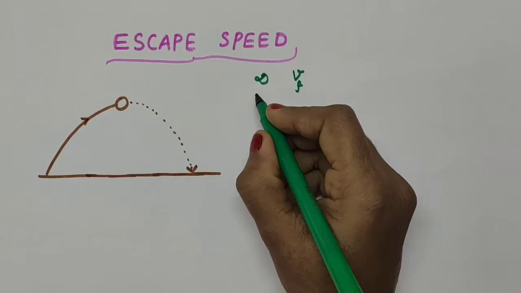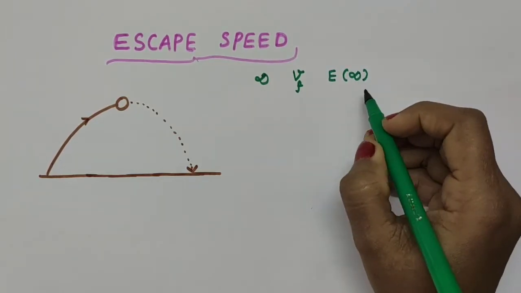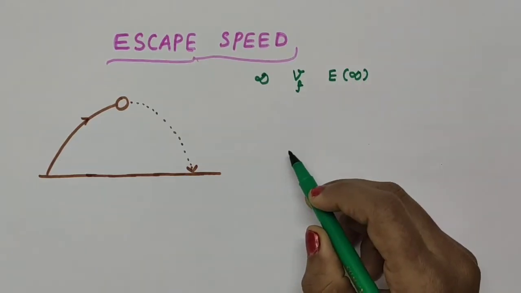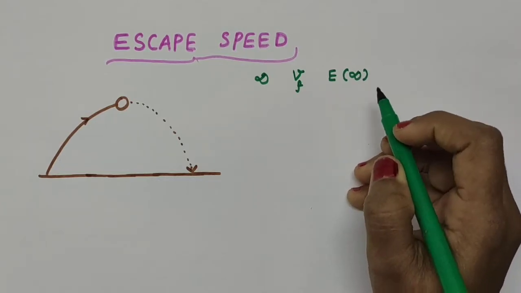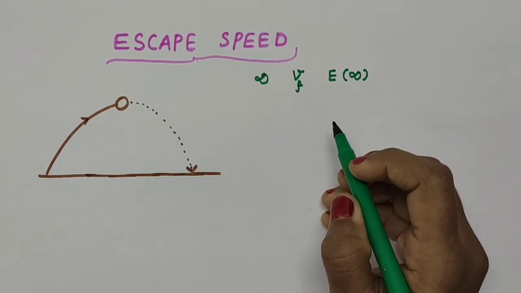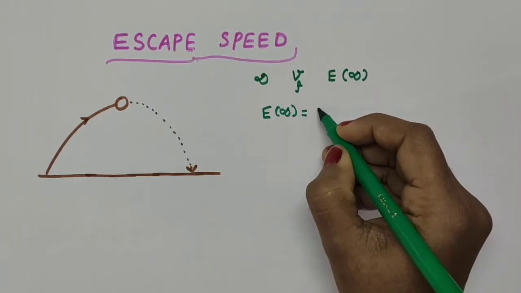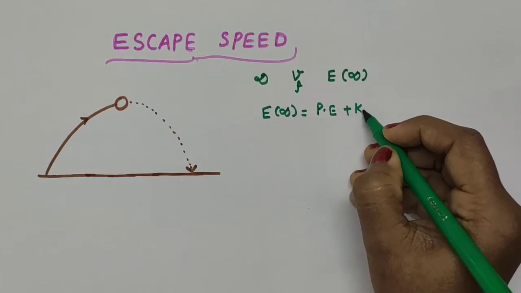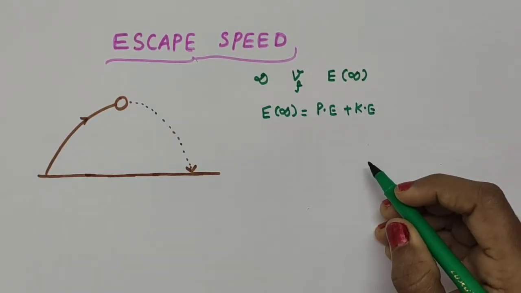Now, let E of infinity represent the total energy of the object at infinity. The total energy of the object will be the sum of its kinetic energy and potential energy, no? Total energy of the object at infinity will be equal to its potential energy at infinity plus kinetic energy at infinity.